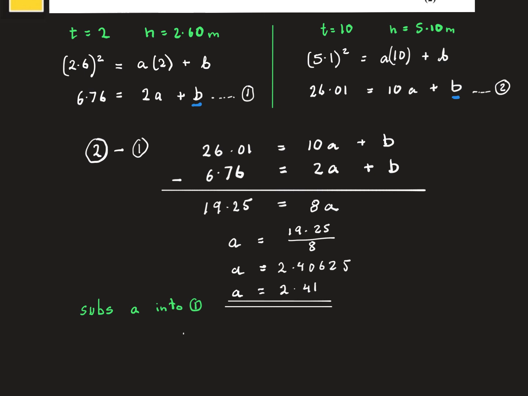This will give me 6.76 is equal to 2 times 2.41, which is going to be 4.82 plus the b that I want. So b is equal to 6.76, take away 4.82, which is equal to 1.95.